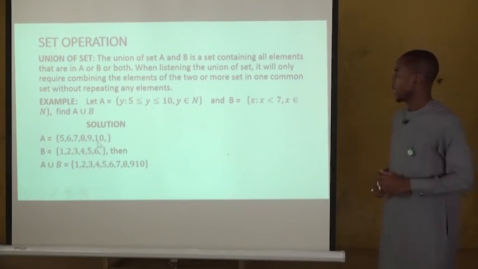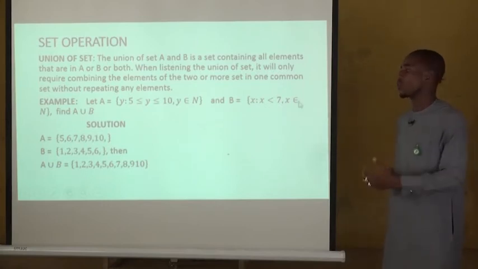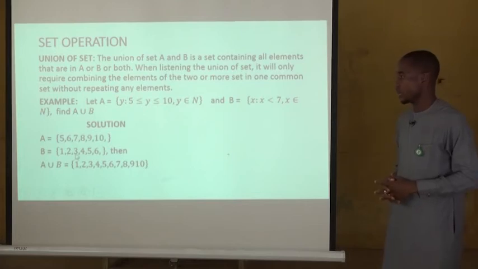Then B is a set of x such that x is less than 7 and x also belongs to the set of natural numbers. Therefore, since it is less than 7, we are going to stop at exactly 6. So the elements in set B are 1, 2, 3, 4, 5, and 6.